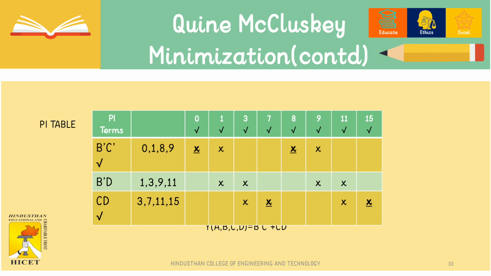Now we can see that almost all the minterms are covered, and if b dash c dash and cd are covering all the minterms, then we need not include b dash d, instead we can omit it. Now our expression becomes y of a comma b comma c comma d equal to bc plus cd. So this is the minimized expression.